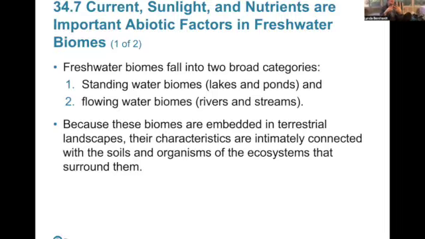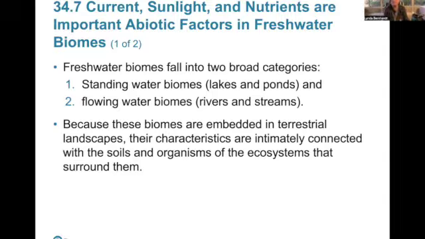A lake is constantly being fed by a source, whether it's a river, a stream, an underwater stream, or a creek. A man-made lake is still being fed by another water source. That's why it's considered a lake. Lakes tend to be larger than ponds, and they tend not to have vegetation all the way at the very bottom.